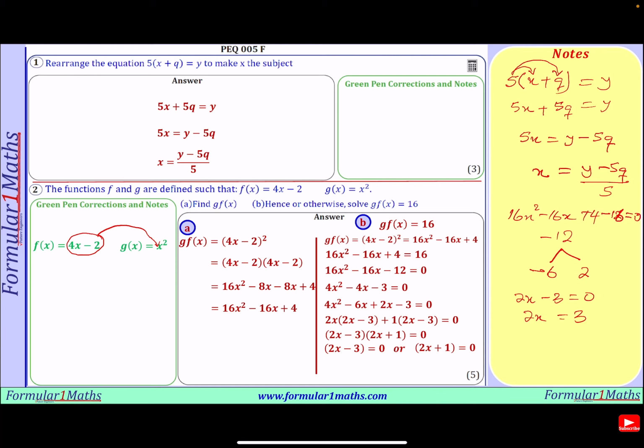And then 2 goes over there to divide, and I'll get x equals 3 divided by 2. So I'll get 3 over 2. That's one of the values. If I do the same thing for this one here, I'm going to get x is equal to minus 1 over 2. And these are the two solutions required for question 2b.